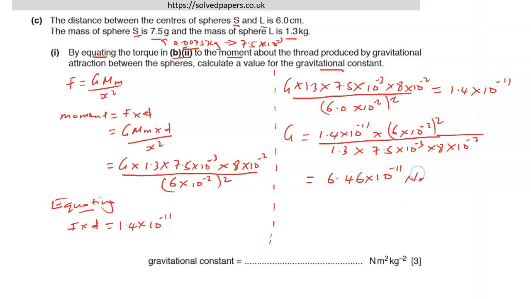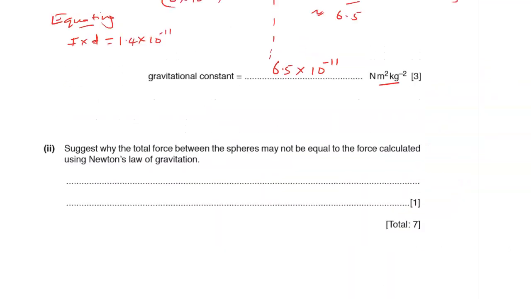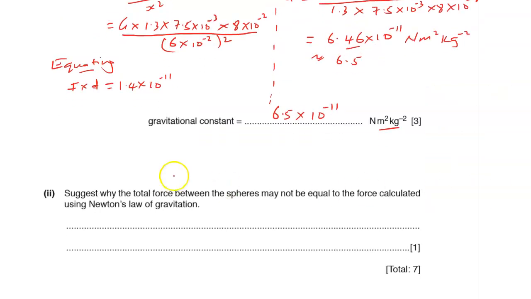Of course, the units will be newtons meter squared per kilogram squared, which is given right here. When you round off, this will be 6.5 times 10 to the power minus 11. Very good. We've calculated G, the gravitational constant.